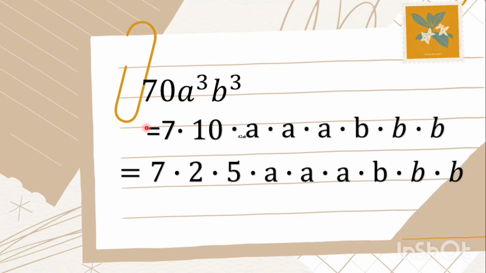So the prime factorization of 70A cubed B cubed is 7 times 2 times 5 times A times A times A times B times B times B.